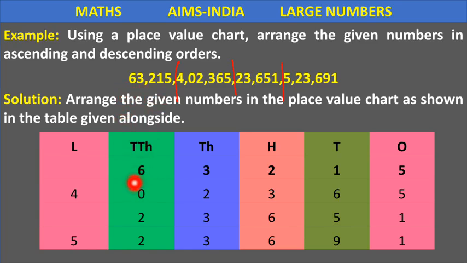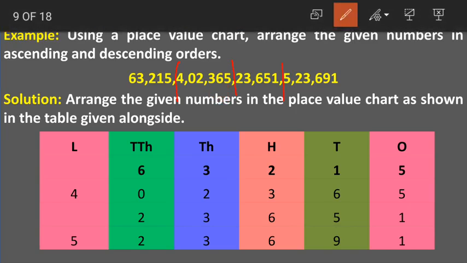So we have written 63,215 here. Next number is 4,02,365. You can simply start writing the numbers from the right side. The first number from the right side is 5. So write 5 in the ones place. Then we have 6. So write 6. Then we have 3. Then we have 2. Then we have 0. And then we have 4.